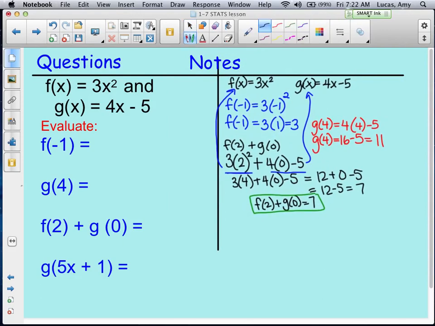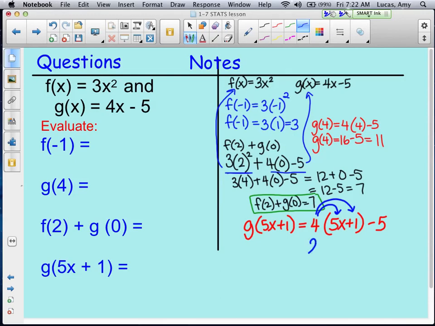Okay, so we're going to plug in 5x plus 1 in our g of x function. So where the x is, I put in parentheses 5x plus 1, like that. Remember from yesterday's lesson, from day 1, that you're going to have to bound this. So when you are plugging in 5x plus 1, please keep it in parentheses.